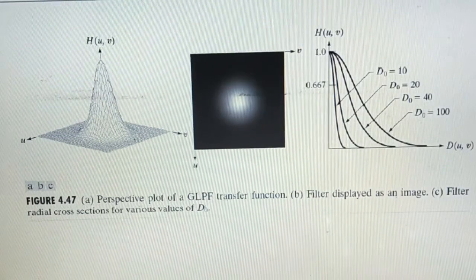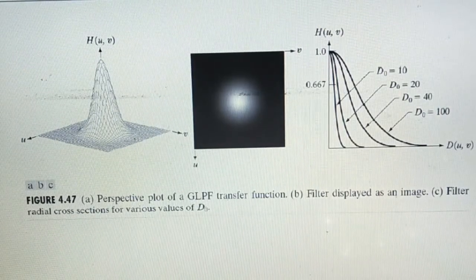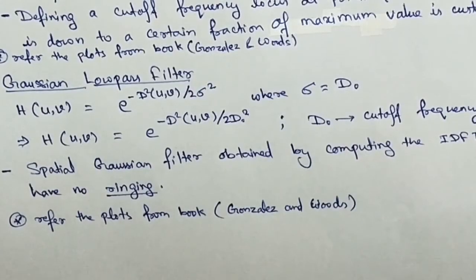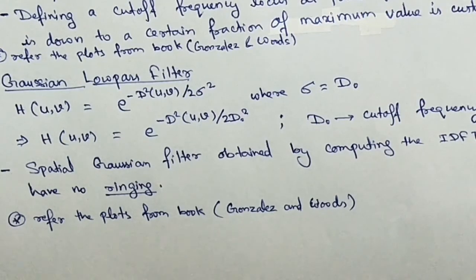The third type of filter to be discussed is the Gaussian low pass filter. Its frequency response capital H of u comma v is given by e to the power minus D squared of u comma v divided by 2 D0 squared, where D0 is the cutoff frequency as we have been taking till now.